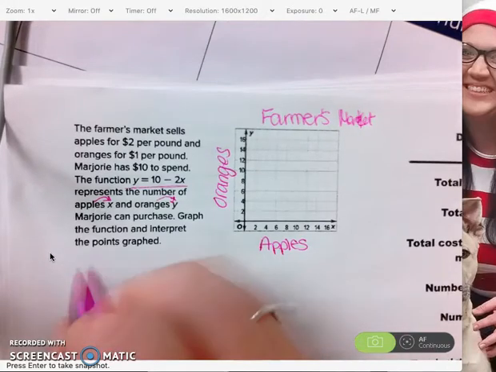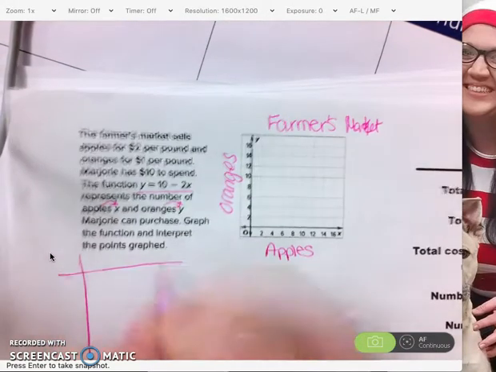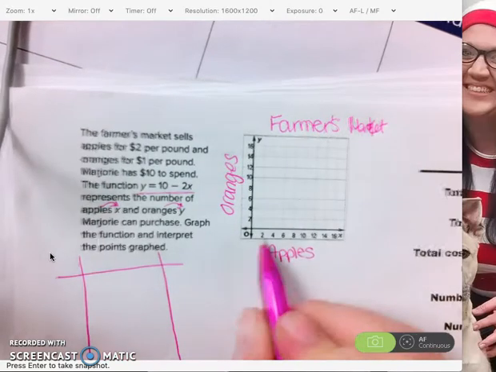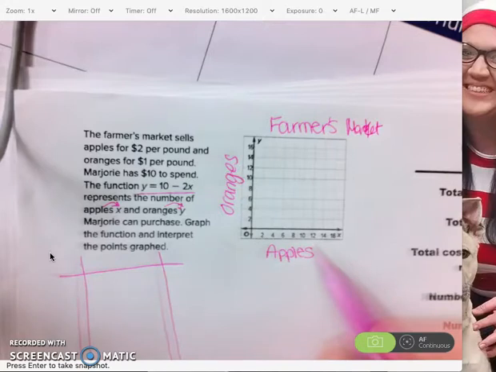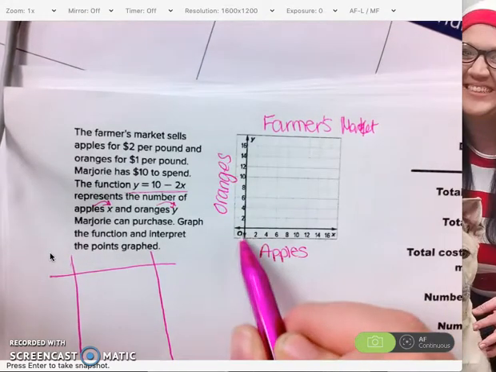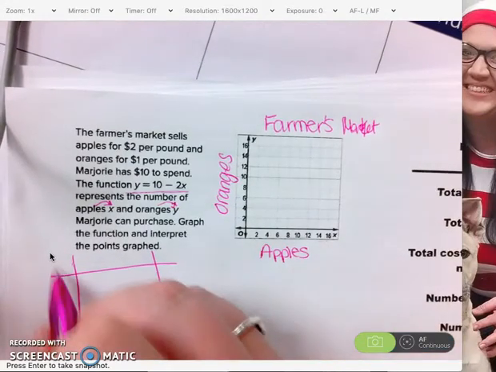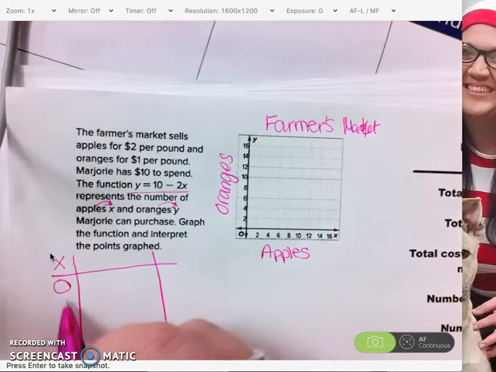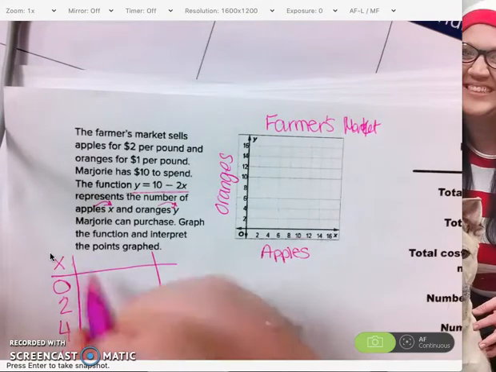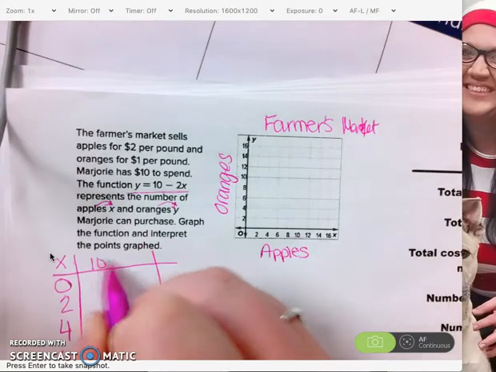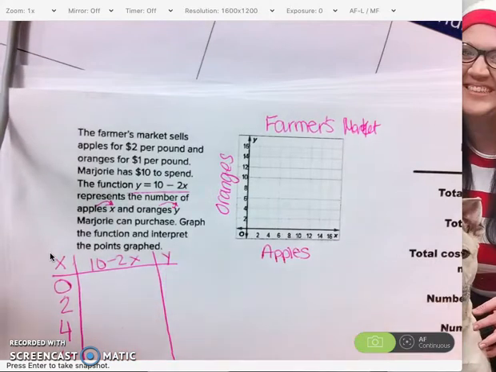Okay, so I want to create a graph or a table, but here they give you a labeled axis. So you're going to pick these numbers here to input for x. So 0, 2, 4, 6, and 8.